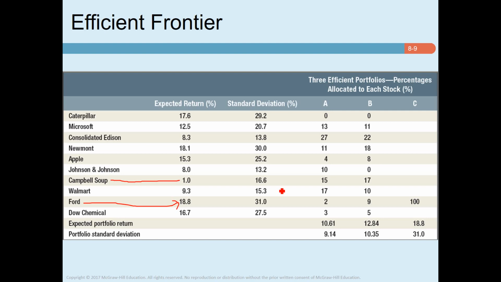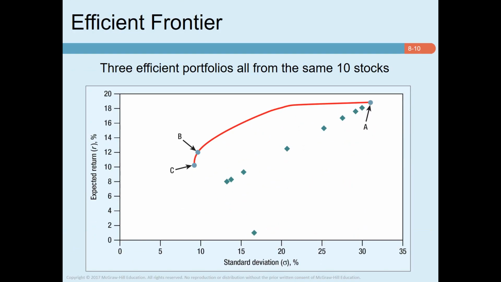Now, typically you will use data for the past, let's say 5 to 10 years, to estimate the risk of each stock and the correlation between the returns on each pair of stocks. Now, if you look at this graph, each diamond marks the combination of risk and return offered by a different individual security.